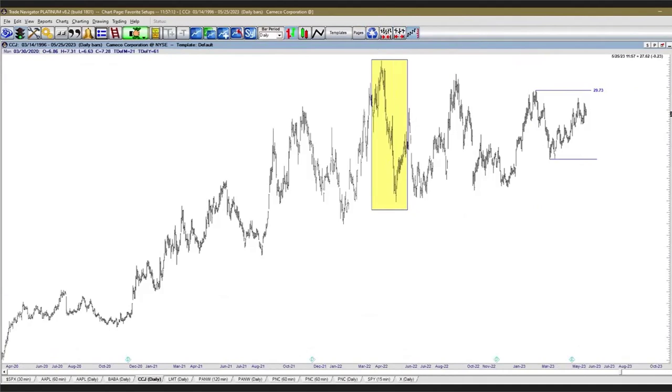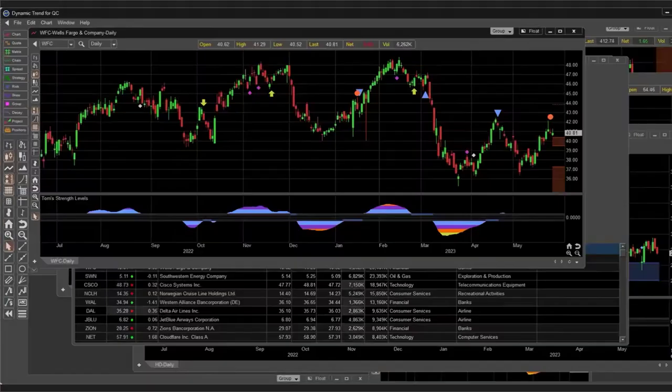Is the dynamic trend alerts and seasonal chart included in Trade Navigator? No, dynamic trend is a separate piece of software. I did an options course a couple of years ago, and this is a very options-oriented software.